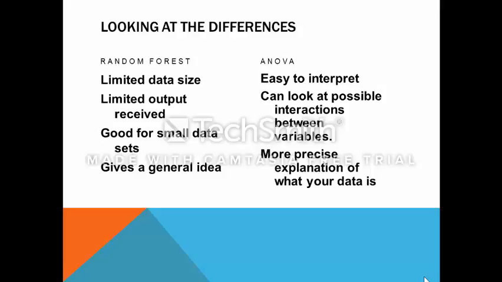To my knowledge, you receive a very limited output. Back to the limited data sizes, it's good for smaller data sets in order to get a higher percentage of variation explained, and it only gives you a very generalized idea of what's going on in the variation in your data. And ANOVA, for me, is easier to interpret.